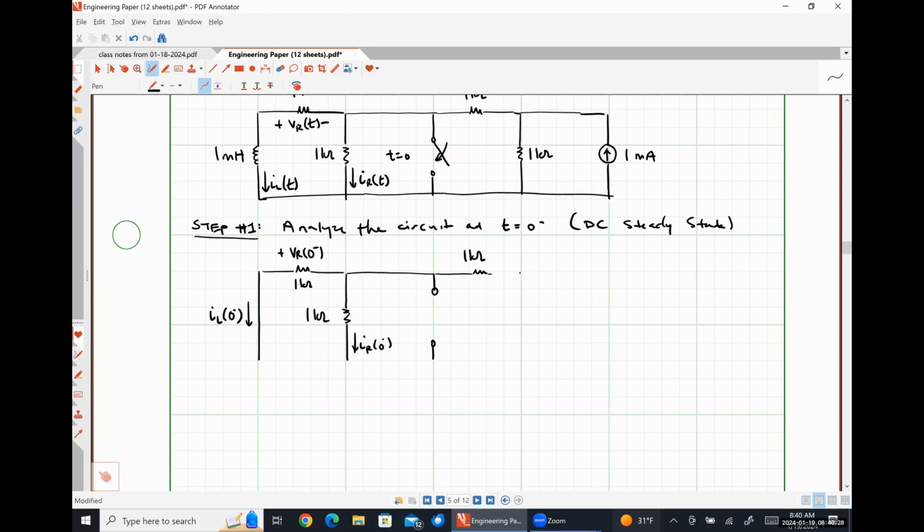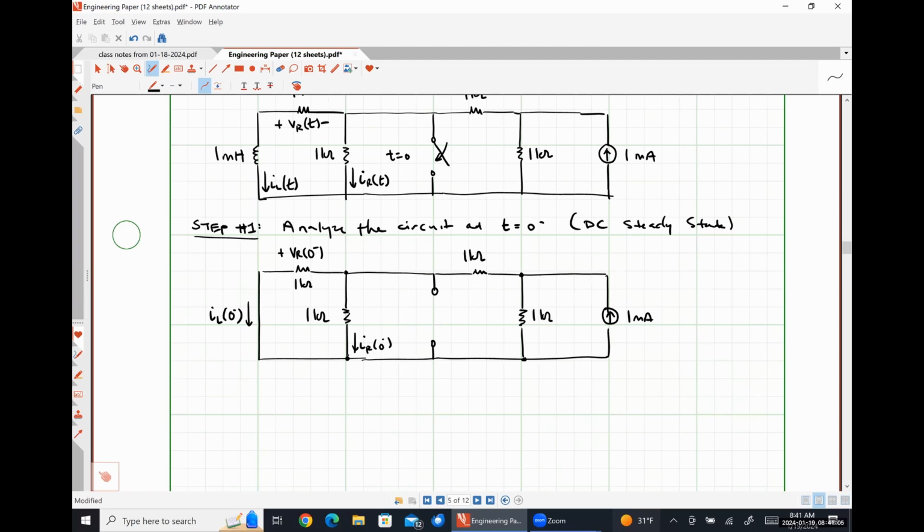Here's a 1 kilo ohm resistor, 1 kilo ohm resistor, and a 1 milliamp source. So this is just plain Jane DC circuit analysis. And so we can literally use whatever DC circuit analysis method that we feel comfortable with in order to solve for these quantities.